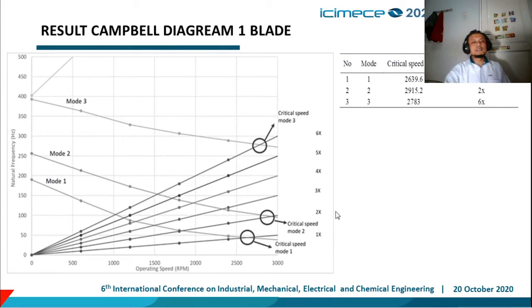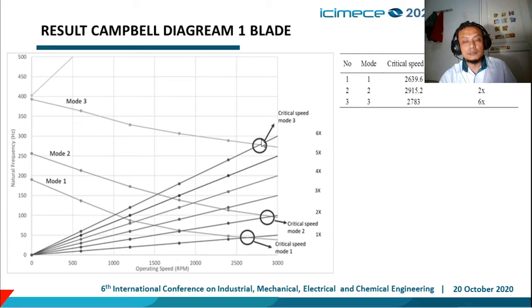We plotted the result on the Campbell diagram with the different RPM of the steam turbine. We got intersections of natural frequency first, second and third. This intersection is a dangerous area.